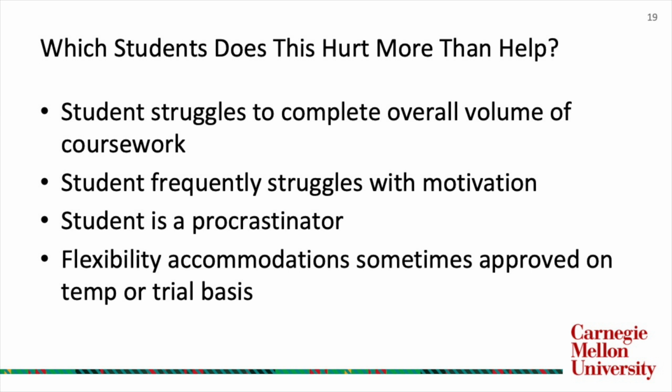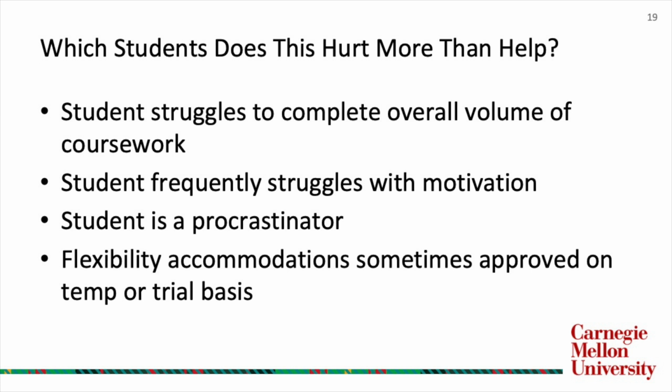So back to, in terms of the students that this does not work well for, if a student is frequently struggling with motivation, either motivation to get to class or motivation to get their assignments done, having flexibility is actually going to derail their motivation. It's going to make them less motivated. Because on that day when maybe they're feeling like they could get a little bit of work done or they could maybe go to class, but they know they have flexible assignment dates or flexible attendance, that's going to cause them not to go to class or not to get the work done because, oh, I'm going to use my flexibility.